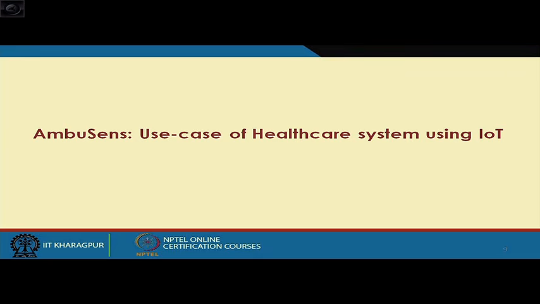So now we come to the Ambusens system, and as I already told you initially, this system has been developed by us, and it was funded by a joint project supported by IIT Kharagpur and MHRD, Government of India.